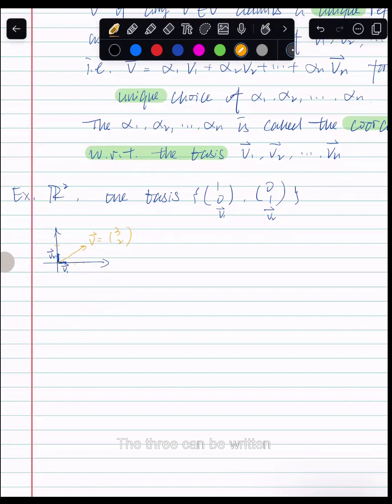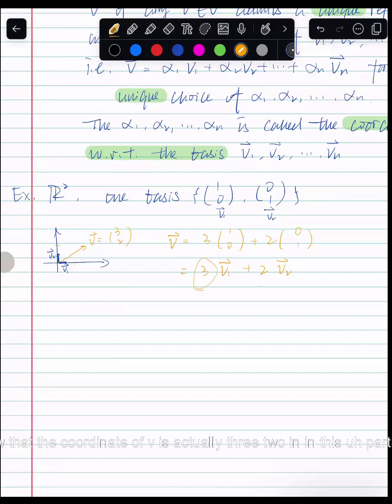So basically, this v can be written as 3 multiplied by 1 0 plus 2 multiplied by 0 1. And that's like 3v1 plus 2v2. So since v1 and v2 are the bases, we know that the coordinate of v is actually 3 2 in this Cartesian plane.